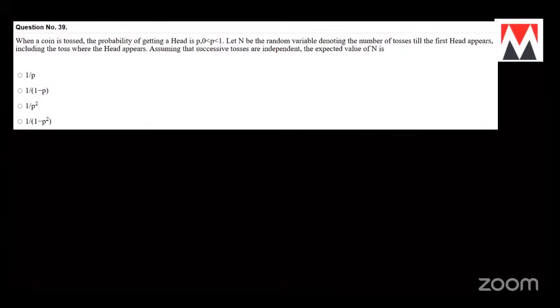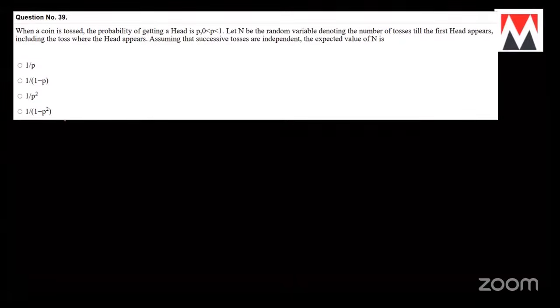Okay, let me tell. So you have probability, suppose it appears such a way, you need till first head occurs, right? So how will the probability be? So your expected value of n is equal to sigma of k into (1 minus p) whole power k minus 1 into p.